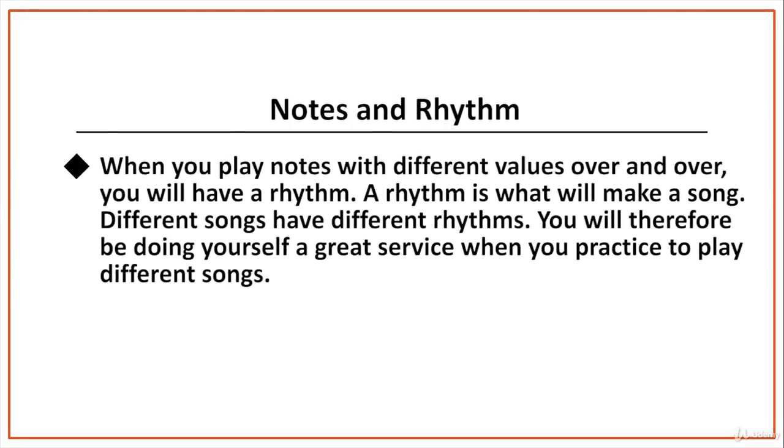When you play notes with different values over and over, you will have a rhythm. A rhythm is what will make a song. Different songs have different rhythms. You will therefore be doing yourself a great service when you practice playing different songs.